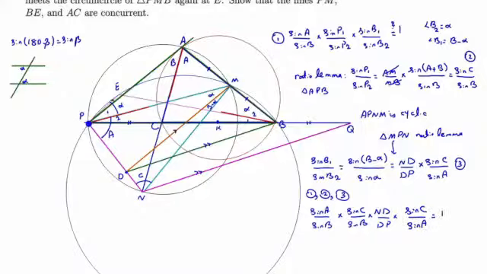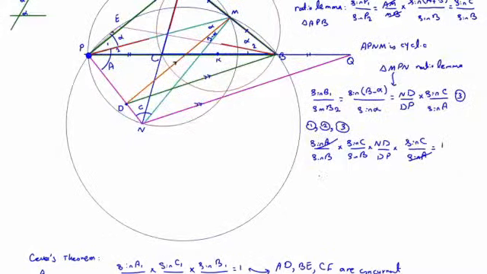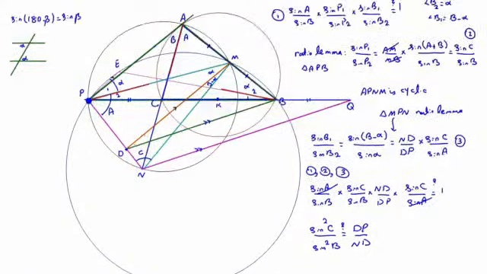So here we can cancel these two things and we should prove that sine C squared over sine B squared equals DP over ND. So let's focus here, DP, ND.